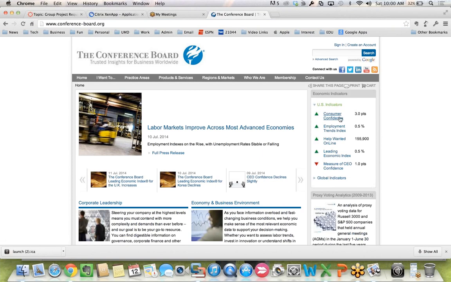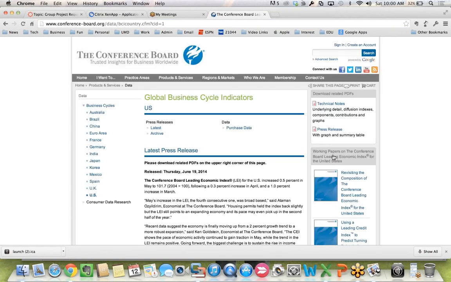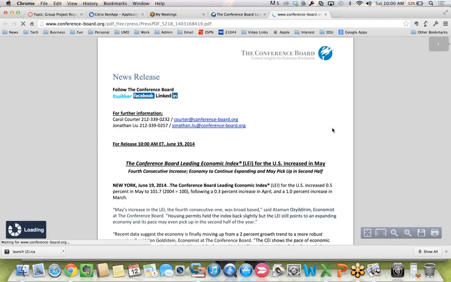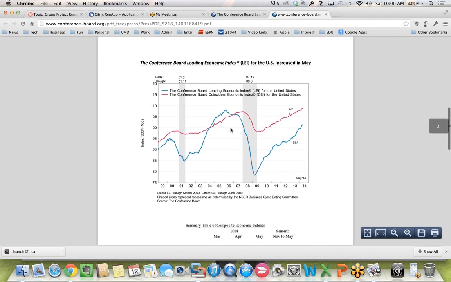And if we go to US indicators, if we go to the leading economic index, then if we look at the latest press release, in the latest press release is the latest LEI and CEI through May, and this is the screenshot that everybody would need to have. So there's your economic data suggesting good times for the future, despite the GDP problem in the first quarter of this year. And essentially, you want to talk about the economy. You can bring in any other macro data that you want.